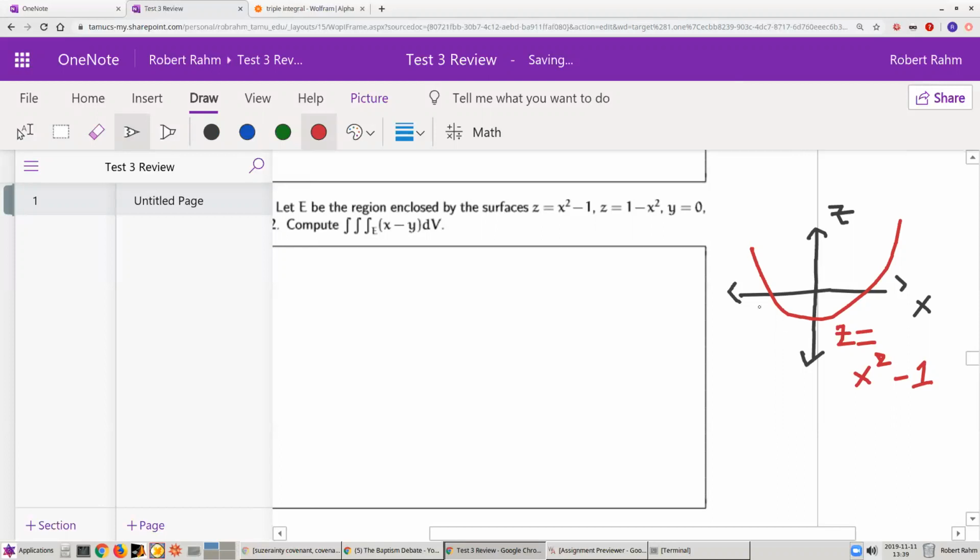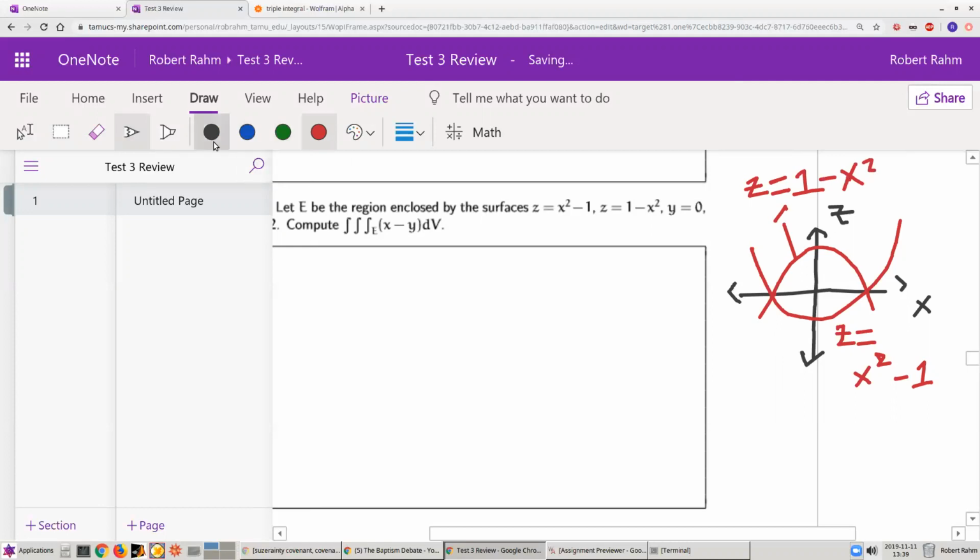And 1 minus x squared is going to be an upside down, or downward-facing, parabola that crosses the z-axis at positive 1. So this is z equals 1 minus x squared.